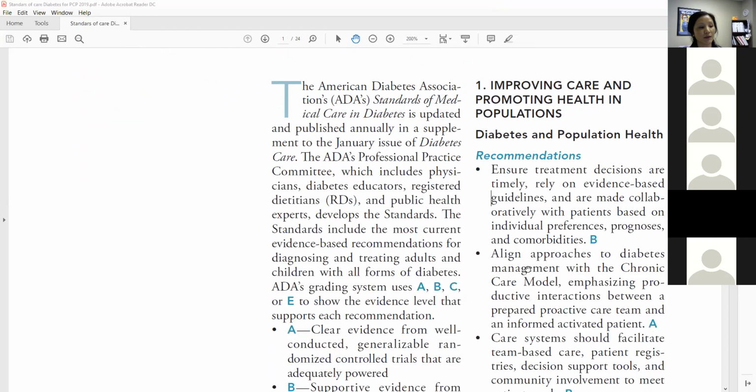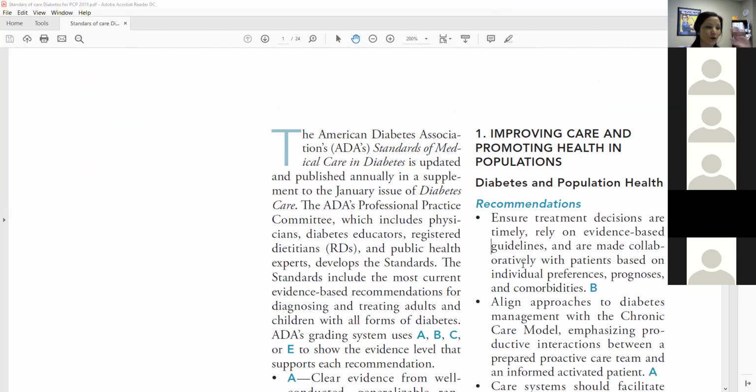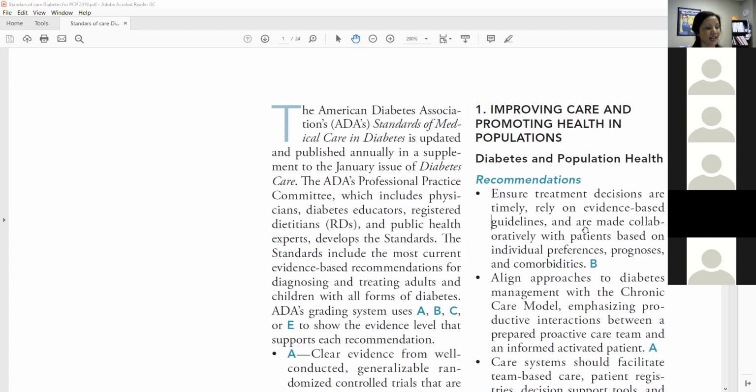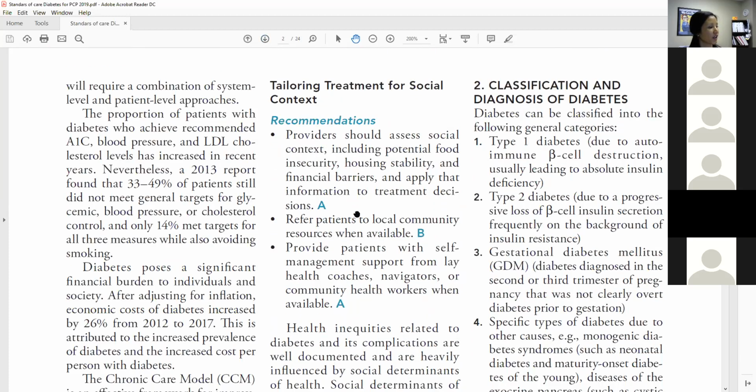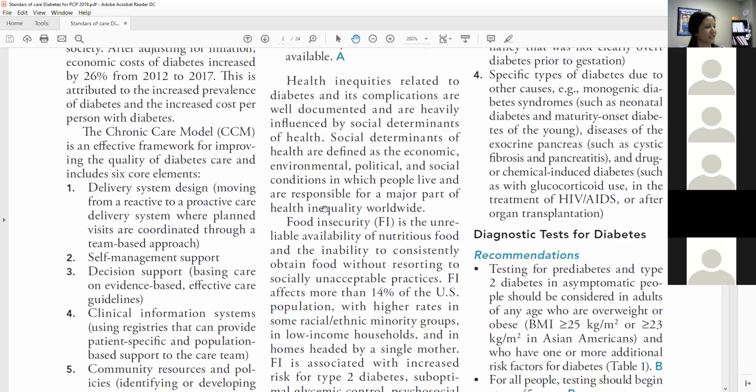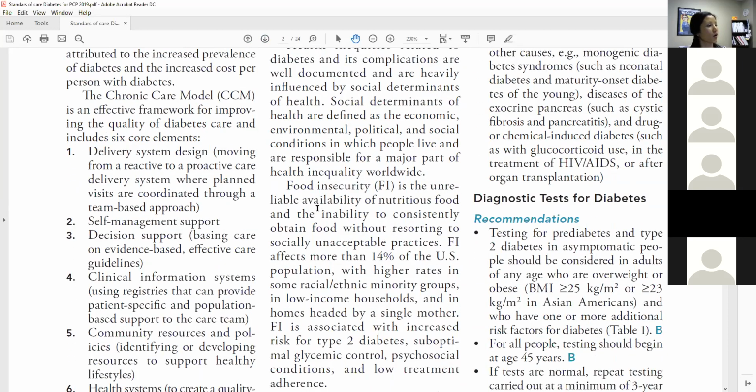So I'm going to send this to you, and that's one of the reasons I Googled and found Mike and talked to Mike, and I told him we have a great need in Wyoming to improve diabetes health. On the second page, you'll also see where it highlights those six core elements and the importance of them to improve the care of the patients.